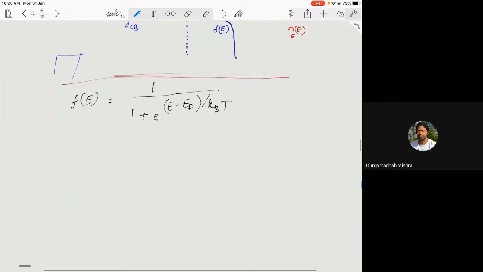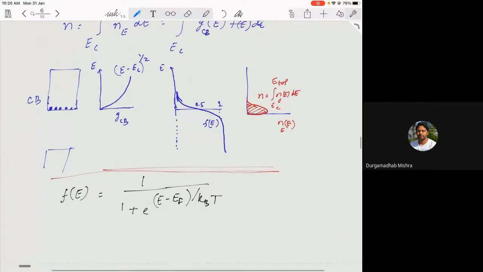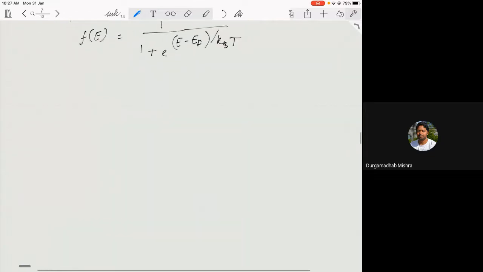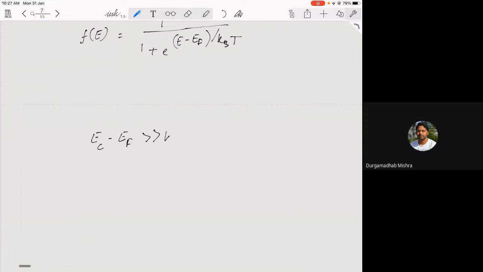But what we assume is that EC minus EF is much greater than kBT. This is one assumption, and it is actually a valid assumption when we look at the physics of it; even if you do some calculation, you will see that.